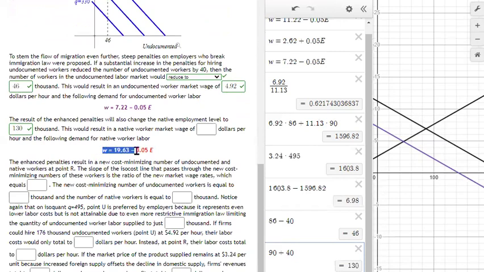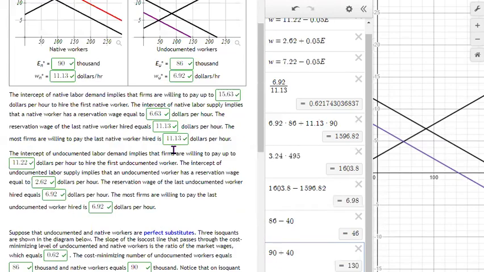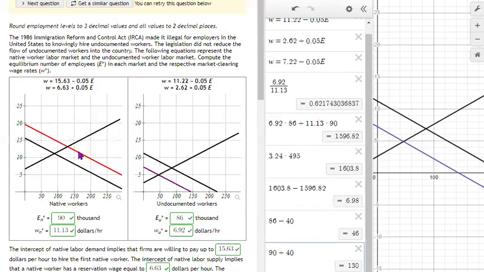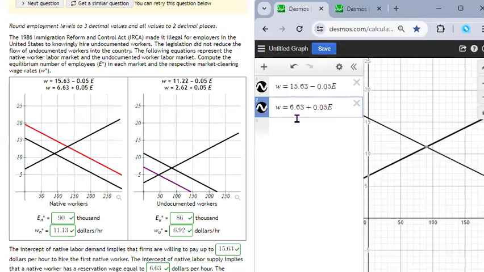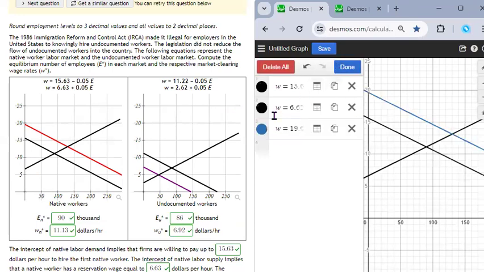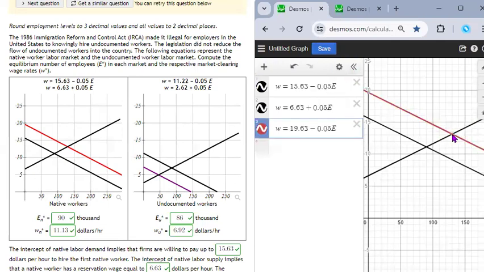The new labor demand for native-born workers is 19.63 minus 0.05. This equation is in red, and it corresponds to that graph. So we got to go up here to the native-born worker labor market. I'm going to change that to red to match it. The new employment level is 130. The new wage rate is 13, right?